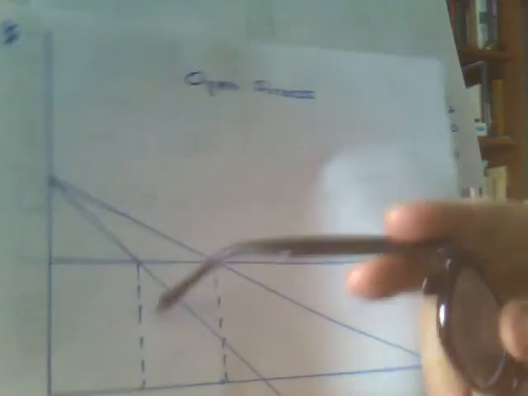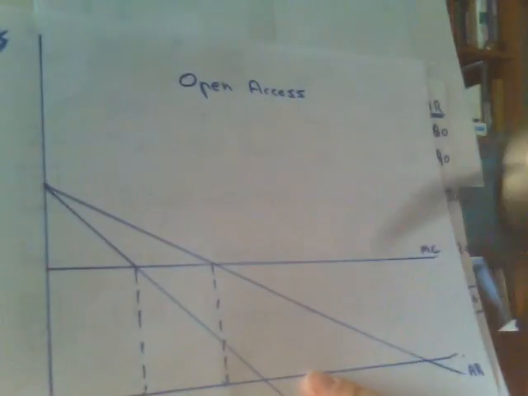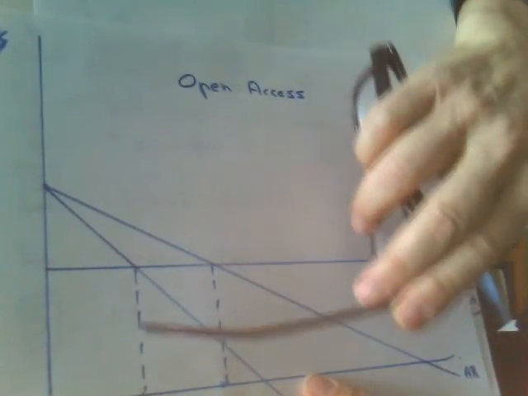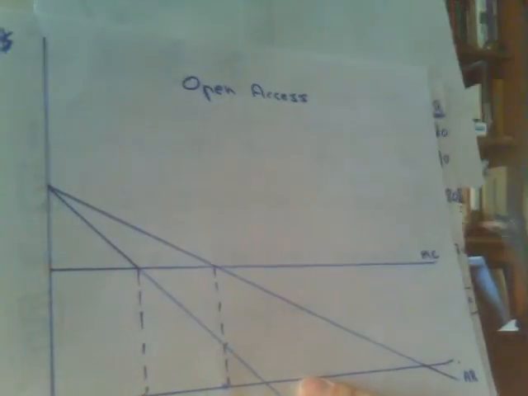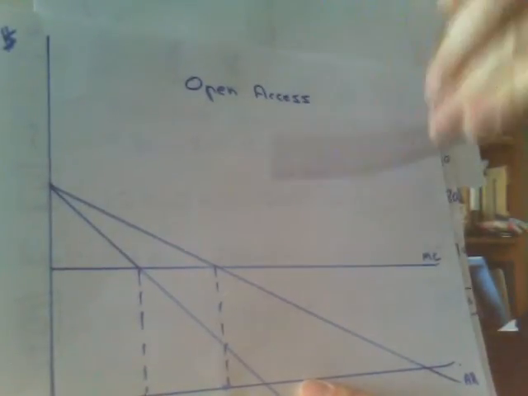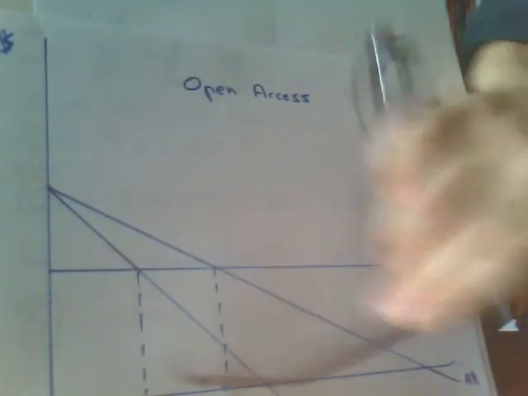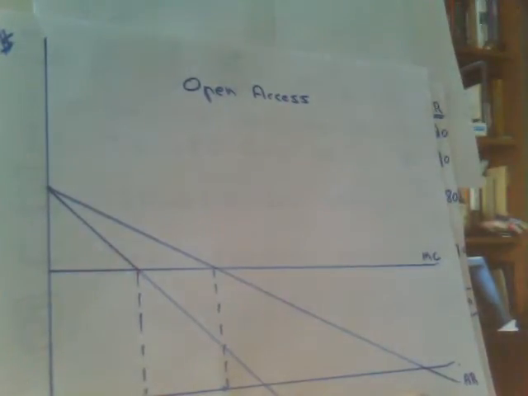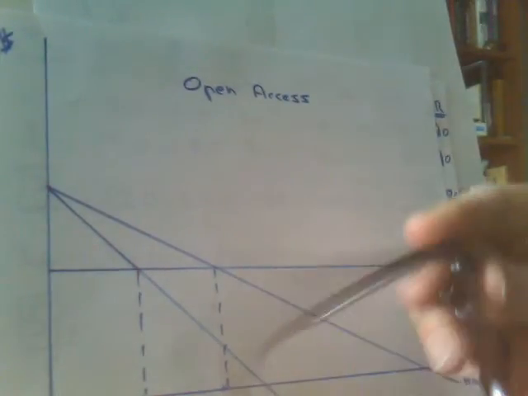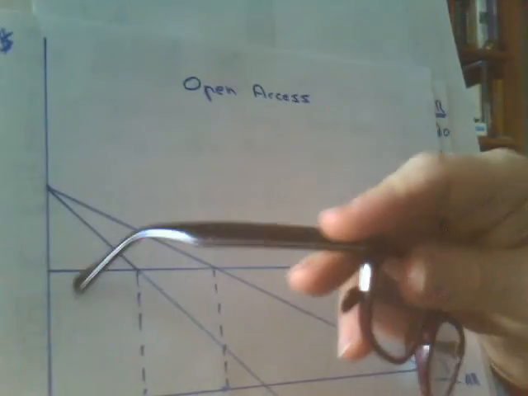If you're operating at 3 boats, you're selling all of this, and your total revenue is going to be the sum of everything under the marginal revenue. So it will be the sum of this plus the sum of this. But what is the cost? The cost is this. Therefore, your total profits are this triangle.